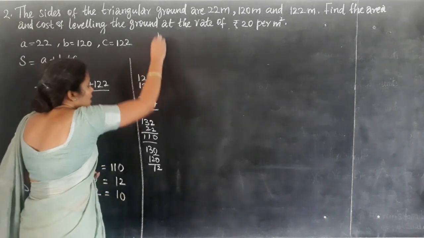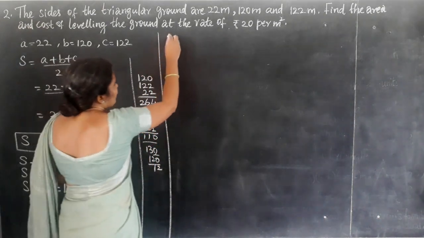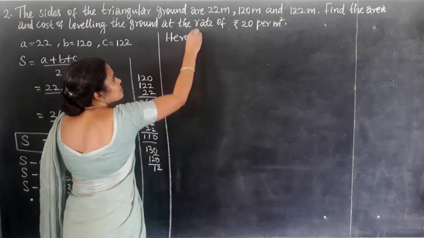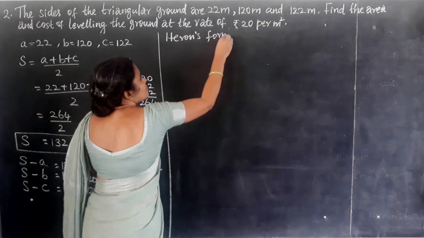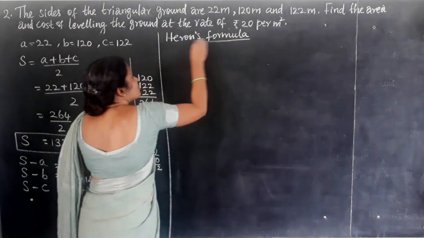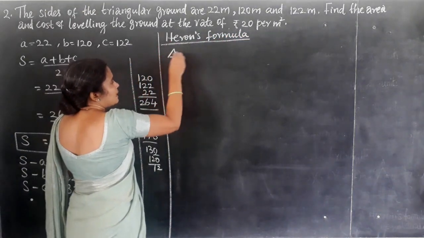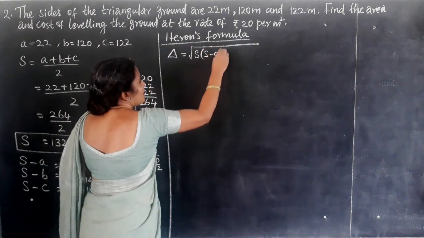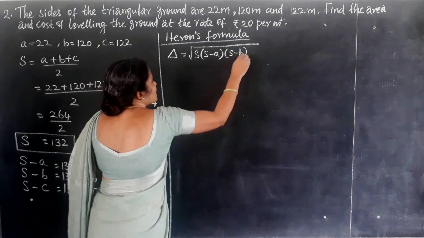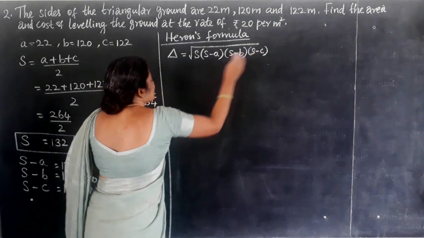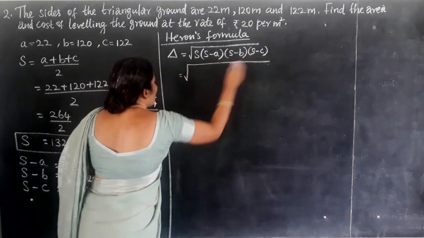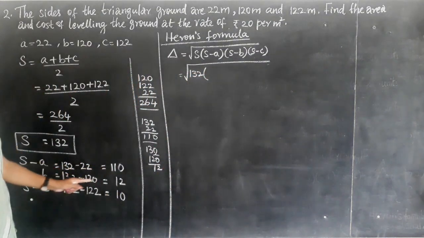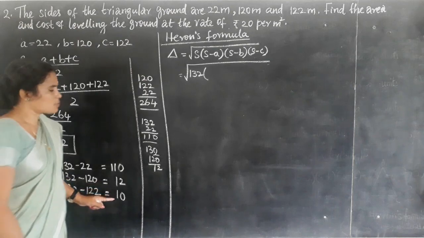Now, using Heron's formula, let us find the area of the triangle. Area of the triangle is equal to the square root of S into S minus A, S minus B, S minus C: S is 132, S minus A is 110, S minus B is 12 and S minus C is 10.